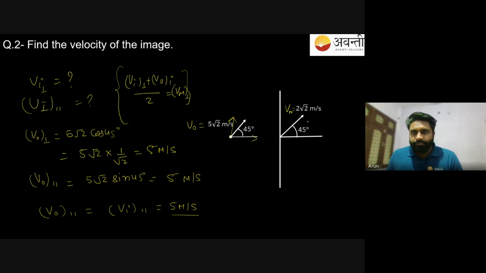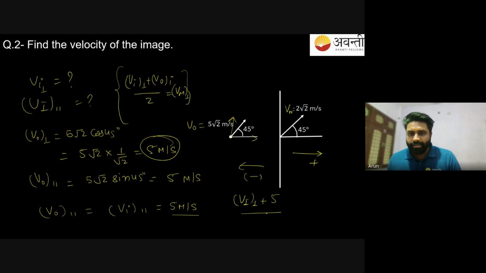Here we would take this direction positive, this direction negative. So velocity of image perpendicular plus velocity of object perpendicular we have as 5 meter per second, divided by 2, is equal to the velocity of mirror perpendicular. We resolve this: velocity of mirror perpendicular is 2√2 cos 45, so 2 meter per second.